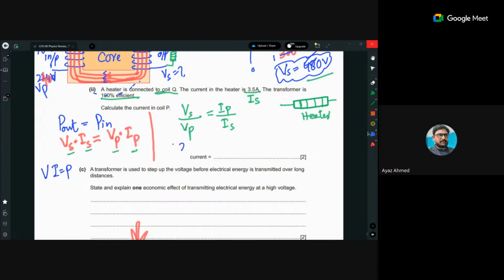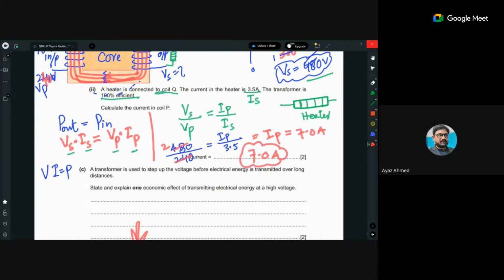Vs was your 480, okay? And Vp was your 240, and Ip in the primary coil we do not know, and Is is 3.5 ampere. Solve this, apply the same formula again, with the factor 2 it would be 7 ampere. The primary coil current is 7.0 ampere. Correct?